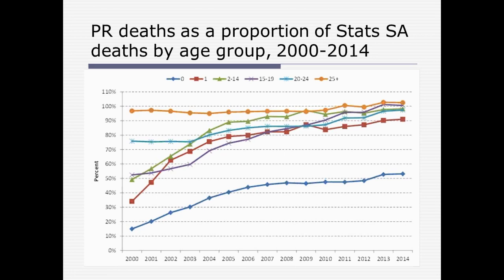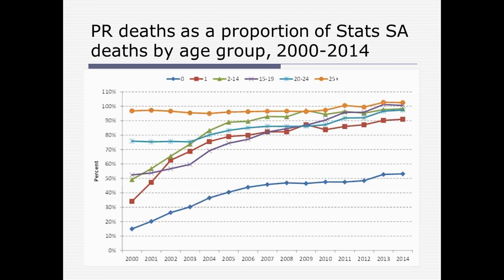But from age 2 onwards, you can see there's been a rapid increase in the proportion. In fact, so much so that from 2008, it looked like we were starting to plateau, and so we had a nice, healthy trend that we could follow and project to get a more rapid estimate of what the vital registration data was presenting.